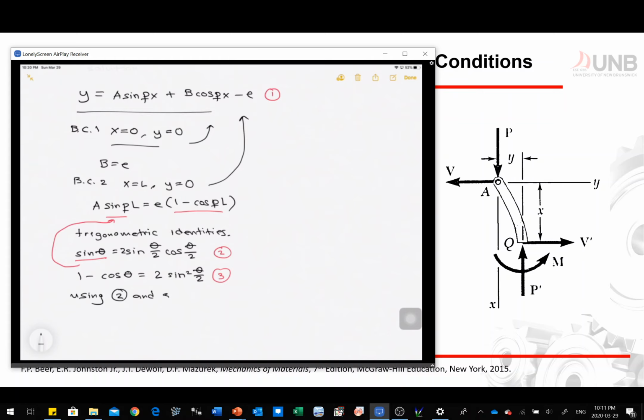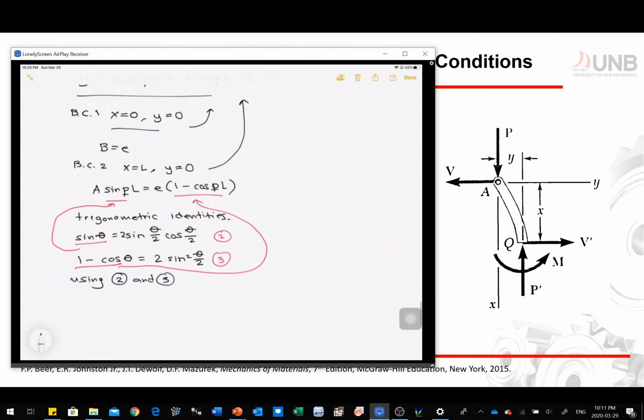Note that this is 1 minus cosine, and if you go back here, that's 1 minus cosine for that equation. Now, if we substitute these trigonometric identities into our equation, what we will get is the following.